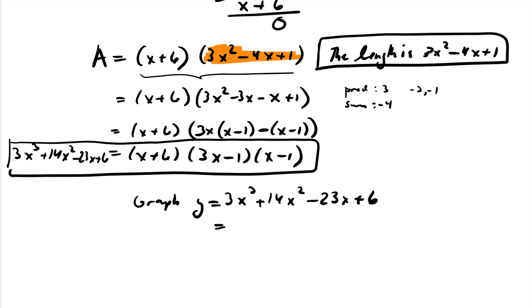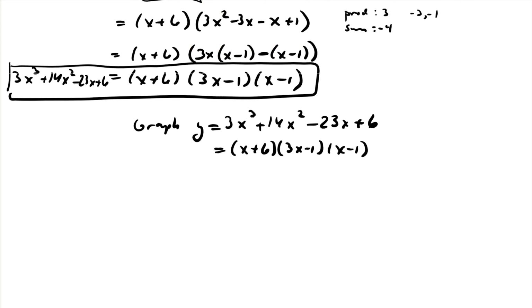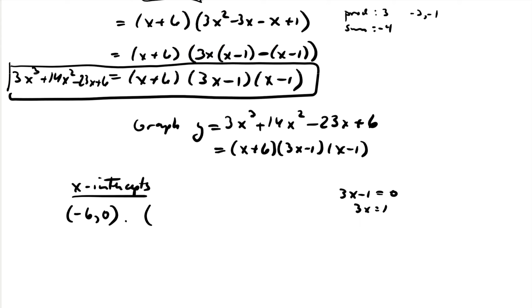Now that it's factored, I have access to all of its intercepts, by that I mean the x-intercepts. For the x-intercepts, you equate each factor to 0. So the first one you get minus 6. For the second one you get 3x minus 1. When you equate that to 0, you get 3x is 1, x is 1/3. So (1/3, 0) is an x-intercept, and (1, 0) is the other one. So we get 3 x-intercepts.